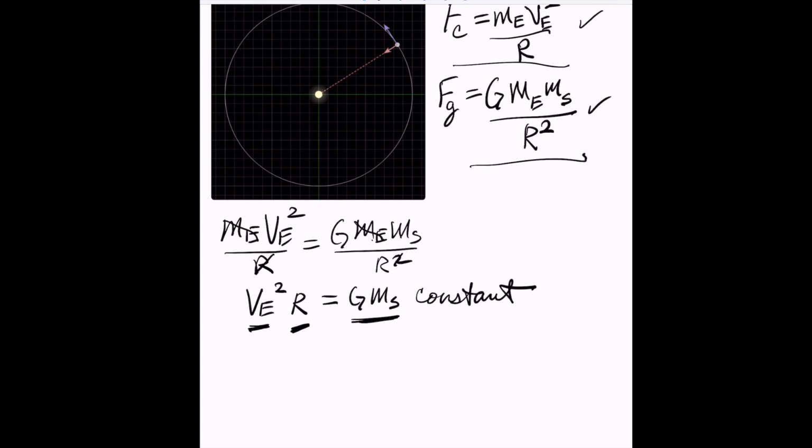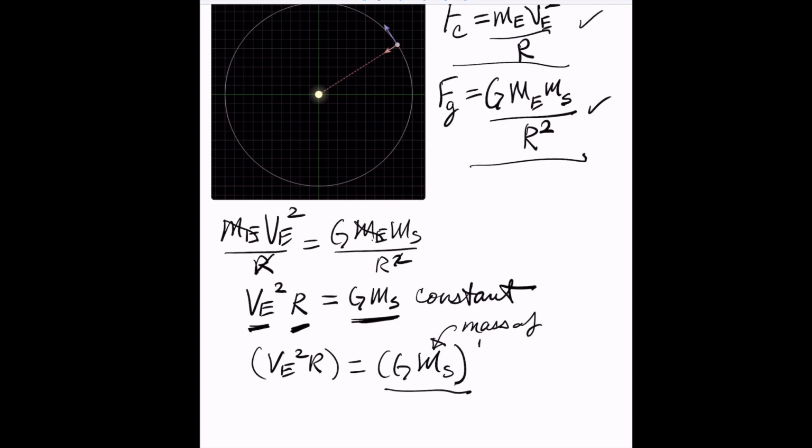So this idea, v_e squared times r equals G times m_s, the stuff on the right, will be true for any particular star. You could replace the sun's mass with the mass of the big thing. So that could be the sun, that could be the Earth. It even could be something going around the moon.